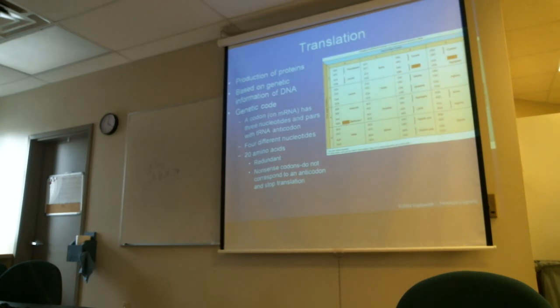Now the anticodon is the complementary 3 nucleotides on the transfer RNA. So the codon is on the messenger RNA. The anticodon is on the transfer RNA.